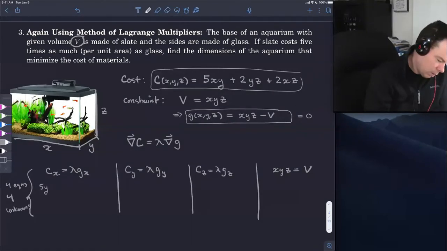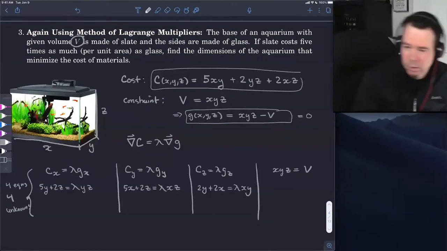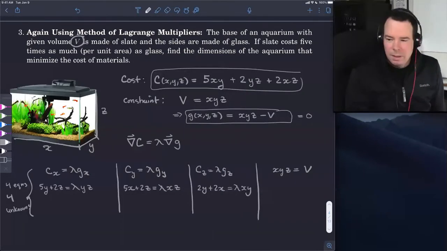That's 5y plus 2z is equal to lambda, and then the x derivative of g, which is yz. c_y is 5x plus 2z is equal to lambda times the y derivative of the g function, which is xz. And c_z is 2y plus 2x is equal to lambda times xy. And then we have our equation xyz equals V.